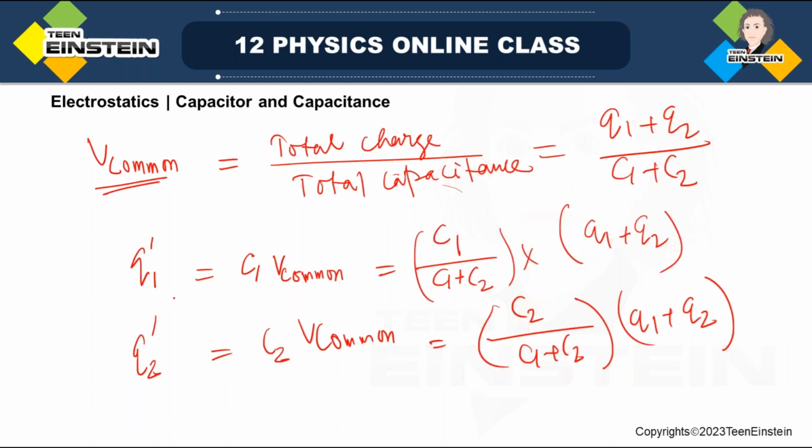So this is the common potential, this is the new charge on C1, new charge on C2. We have to remember these formulas at least.